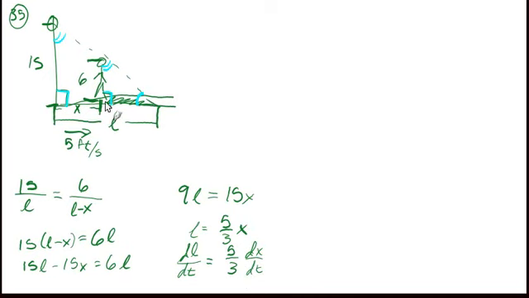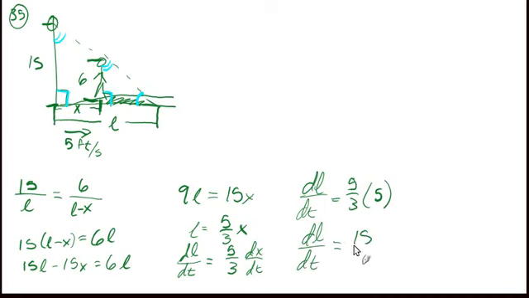So apparently the shadow is moving at a constant rate as well. It's just moving at 5/3 of the rate of how fast he's walking. So all we need to do is take 5/3, multiply it by 5, the rate at which he's moving, dx/dt. So 25/3. That's pretty cool.